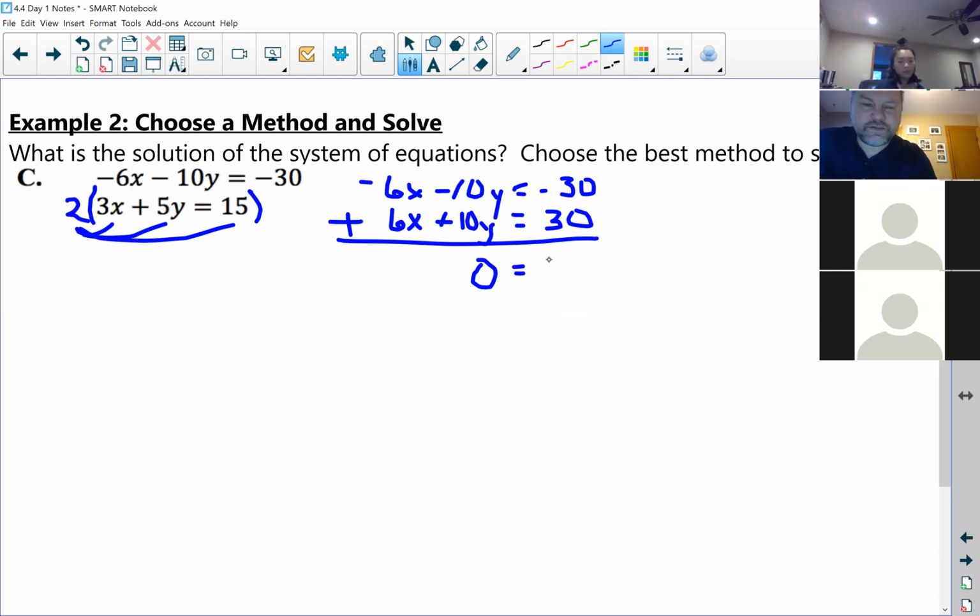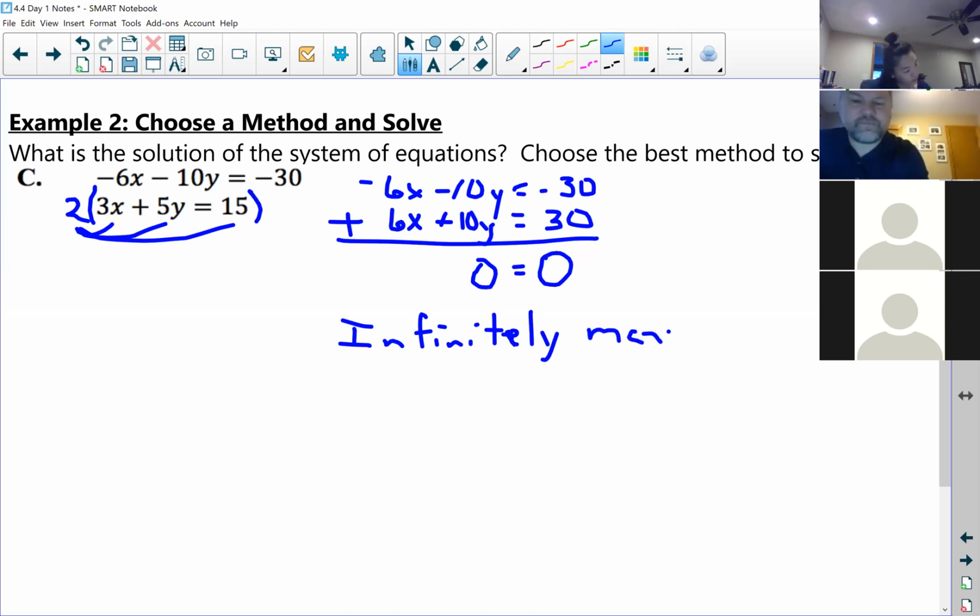In this case, it's 0 equals 0. So this is infinitely many solutions.